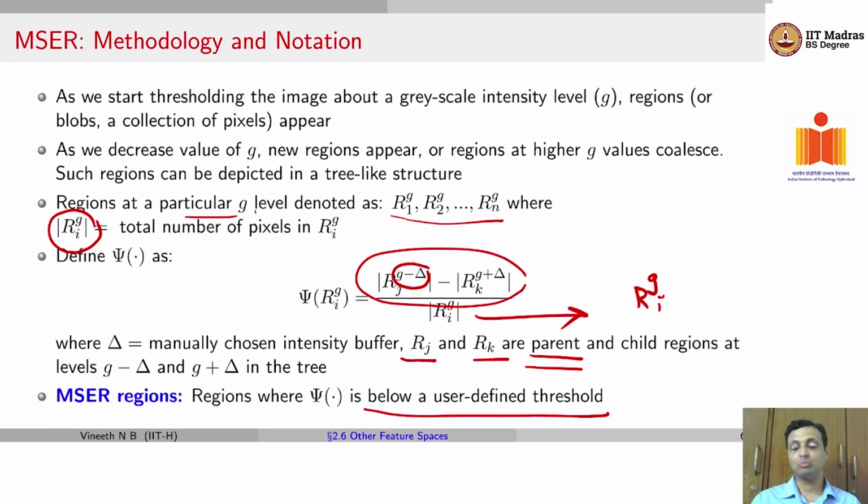Remember, if it is smaller than a threshold, it simply means that there is almost no change between the parent and the child. If there is a lot of change, then you probably need to expand a little bit further before calling it a stable or an extremal region.